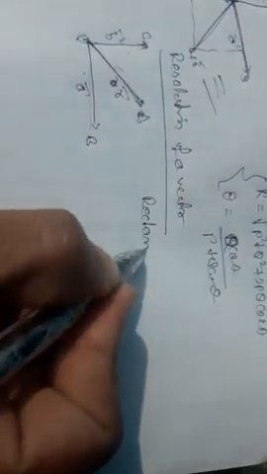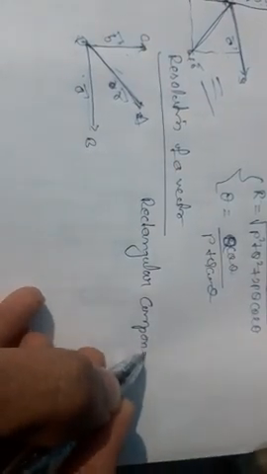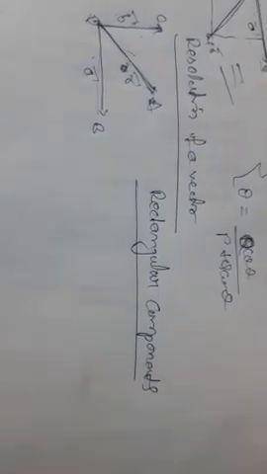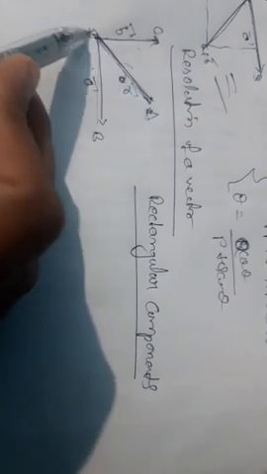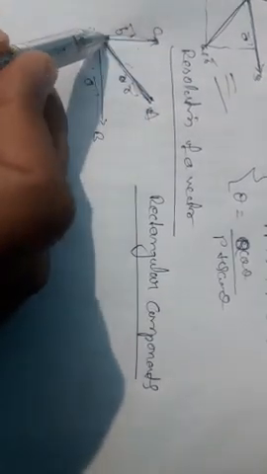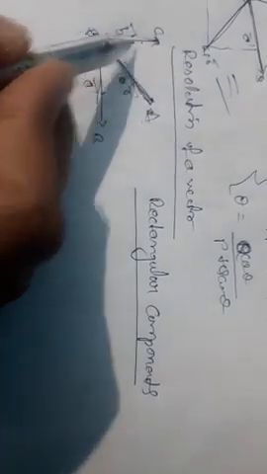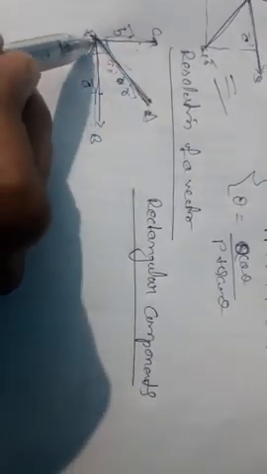Next, rectangular components. As before, the resultant vector is resolved into one vertical line and another horizontal line. What is the angle between the vertical and horizontal line? That is 90 degrees, the line OC is perpendicular to OB.